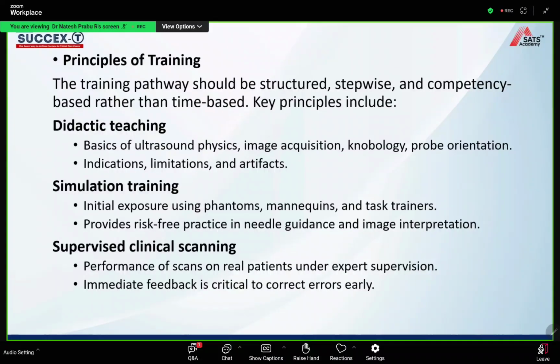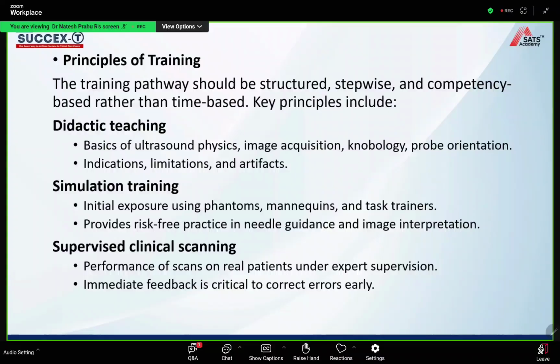So coming on to principles of training, the training pathway should be structured, stepwise, and competency-based rather than time-based. The key principles are: one, didactic teaching, teaching the basics of ultrasound physics, image acquisition knowledge, and probe orientation, along with indications, limitations, and artifacts.